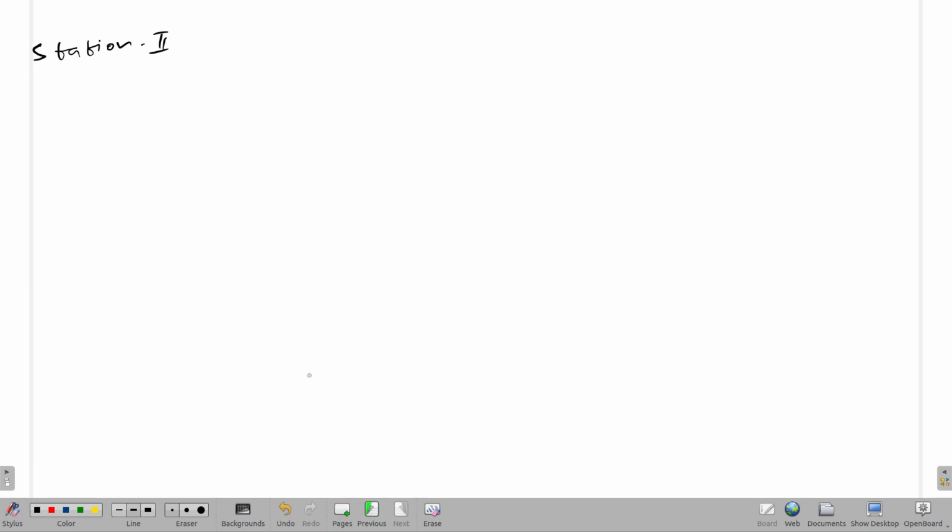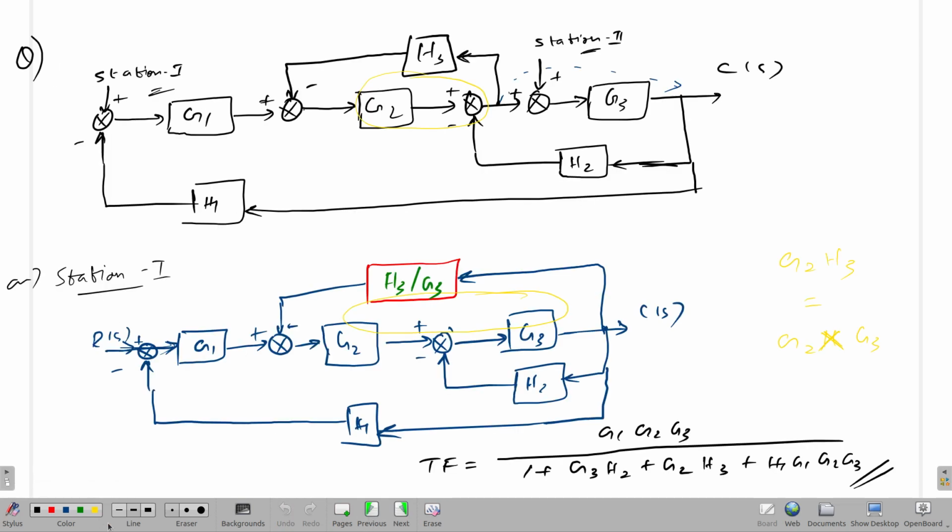How do we have to rewrite for station 2? For station 2, this will be 0, right? This station will be non-existent. So what happens? We can simply connect this line, right? This one will be going like this. So this will be a cascade, and only this input will be here. Still, we'll be having the problem that we faced earlier.